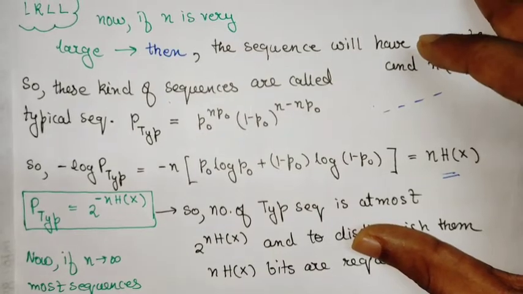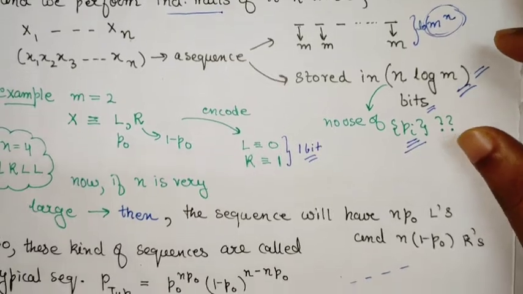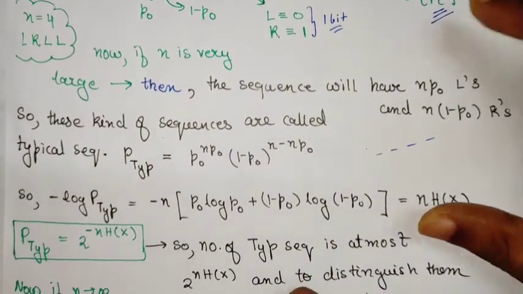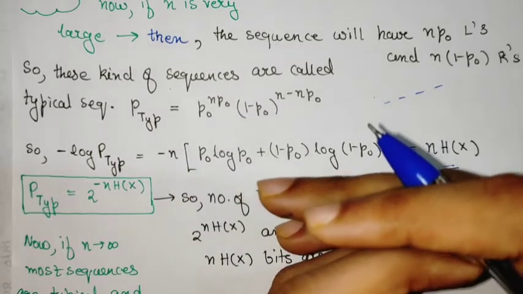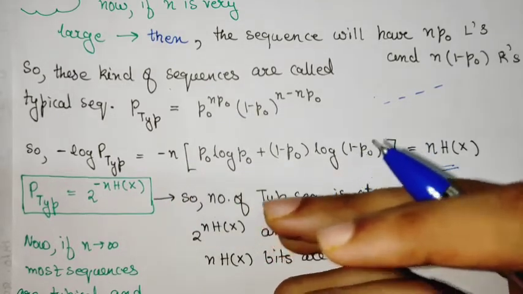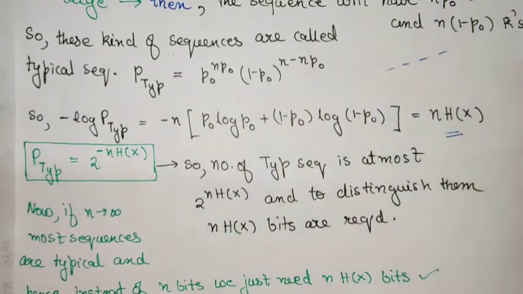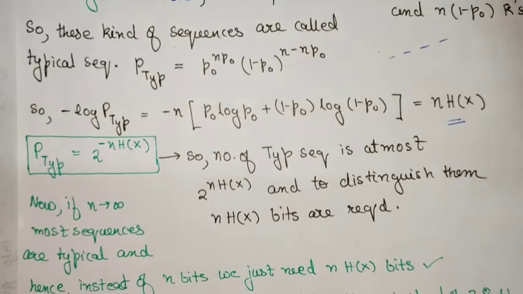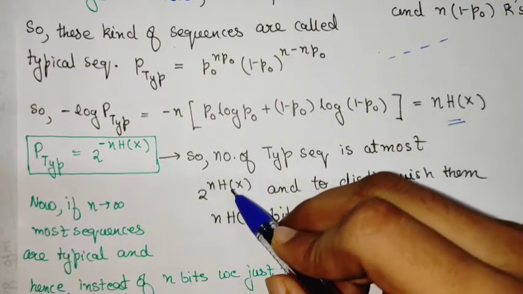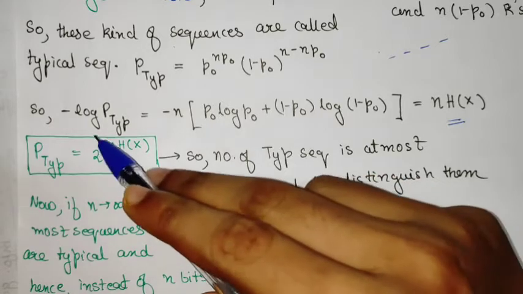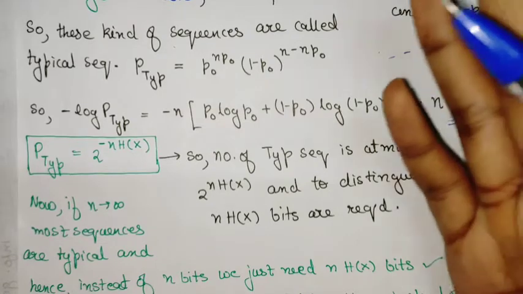Basically, this is not all possible sequences, this is just those sequences which are typical, and what is the probability of getting those sequences. So the number of typical sequences can at most be 2 power n H of X, because if you multiply these two, at most the probability will be 1 or less than that.